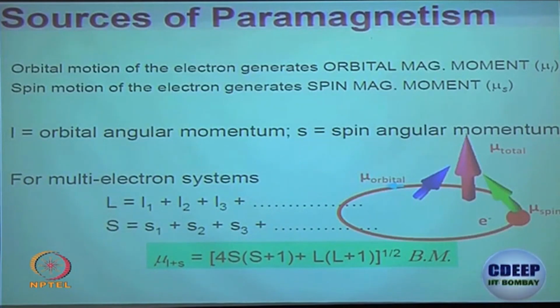Two components. But the d orbitals are the ones which are getting affected mostly by the ligand. Metal d orbitals are getting affected by the ligands. So the ligand will not allow it to spin too much around its orbital.